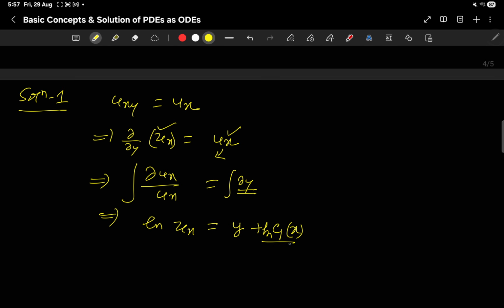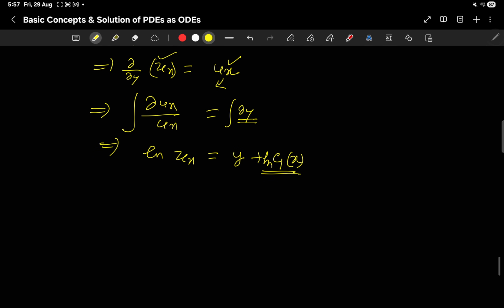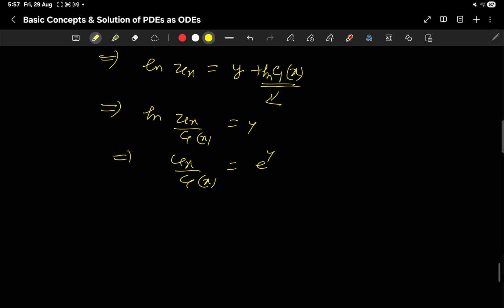So I may write it ln c1x to get a better answer, okay. So now if I bring it to this side, left hand side, it is my ln ux by c1x is my y. So my ux by c1x is e to the power y. So what is my ux? Ux is my c1x e to the power y.